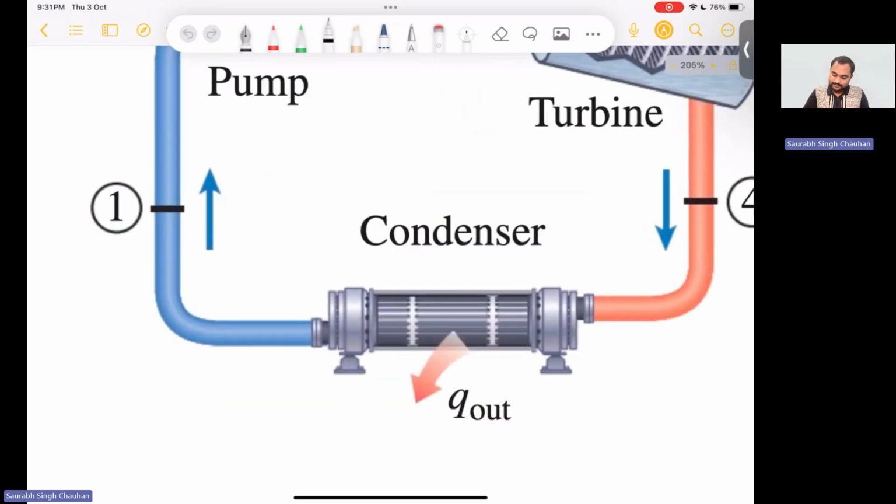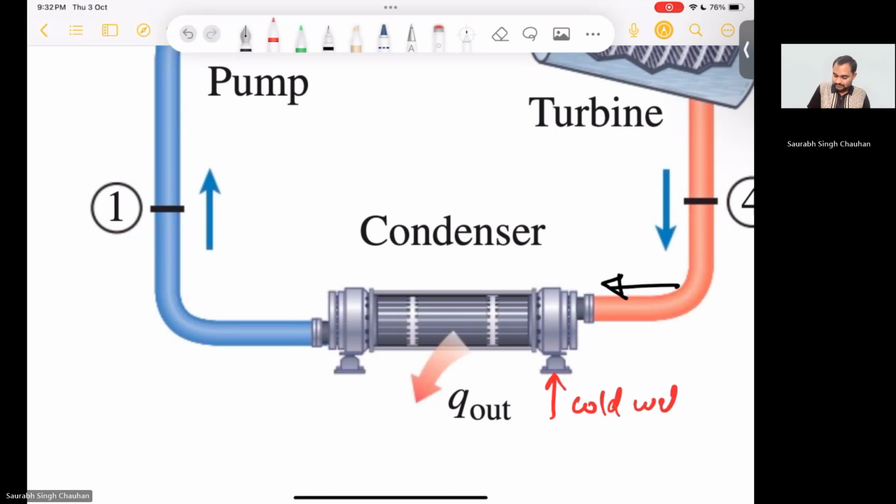You can see that the expanded steam will come, and some cold water will come inside, cold water or any cold fluid, and it will leave as hot water, and your steam will be condensed, and here you will get water.